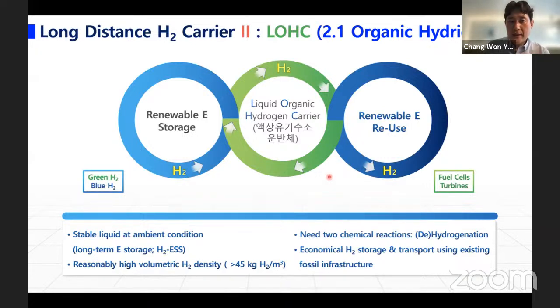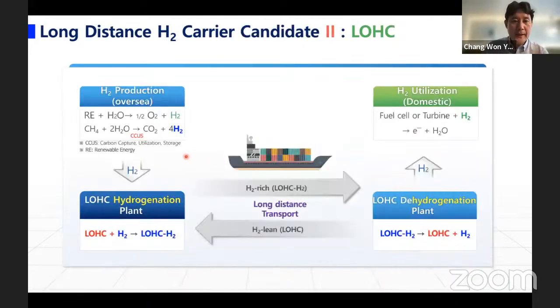And why is this LOHC interesting? Because LOHC is stable, so we can use the currently existing fossil infrastructure for mass quantities of hydrogen storage and transportation. Okay, the concept is the same. Overseas, we produce CO2-free hydrogen.